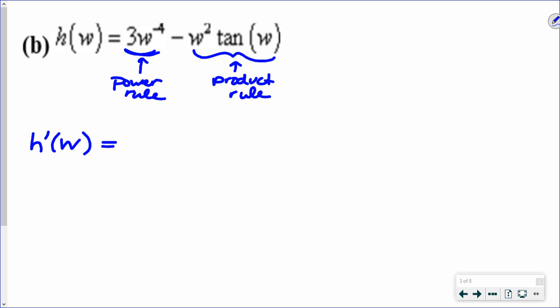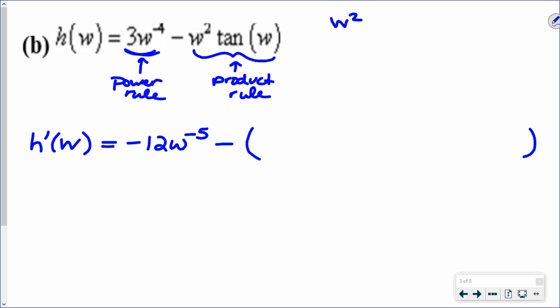Okay, so to find the derivative of 3w to the negative 4, we're just using power rule, so that would become negative 12 times w to the negative 5 power. Okay, minus, and now we've got to do product rule. I'm going to put product rule in parentheses so that I don't forget to distribute my negative later, okay? So let's look at product rule. If you want to use that trick, I really like it.